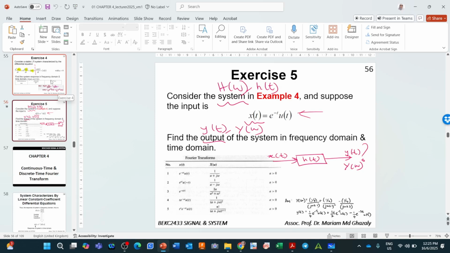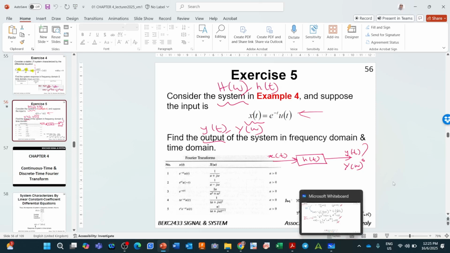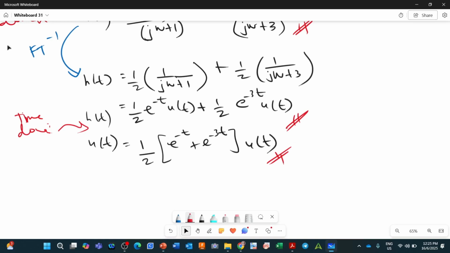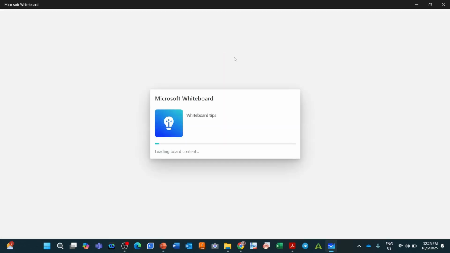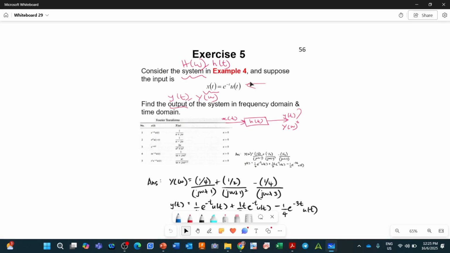In the end, try to do this, I'm not going to do it. Try to do it. The final answer, you can write it down. Is it in the notes? This one is the final answer.